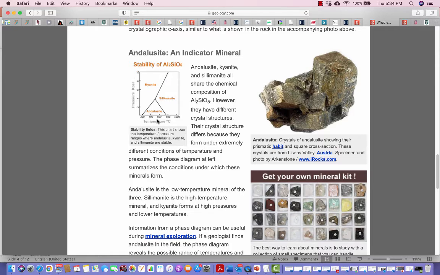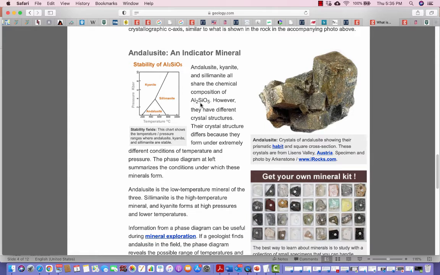And so andalusite, you can see, is kind of low because it's more on this side of the temperature, and it's more down towards the bottom of the pressure side. So even though it's a metamorphic rock, it is down into the lower temperatures and pressures that it's going to form in. And its mineral composition is aluminum, silicon, and oxygen.